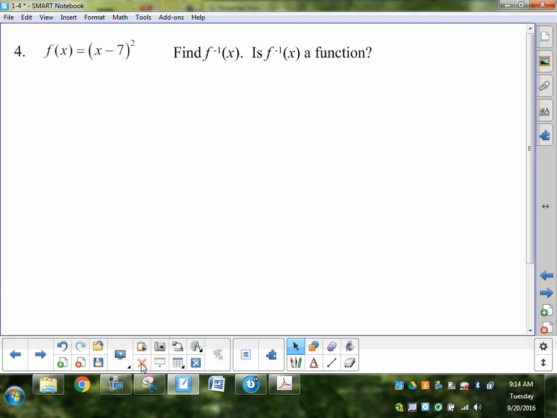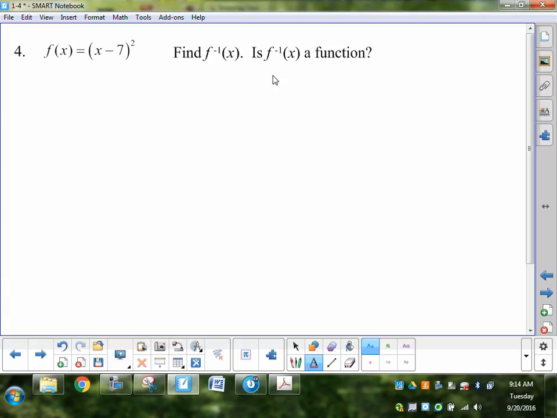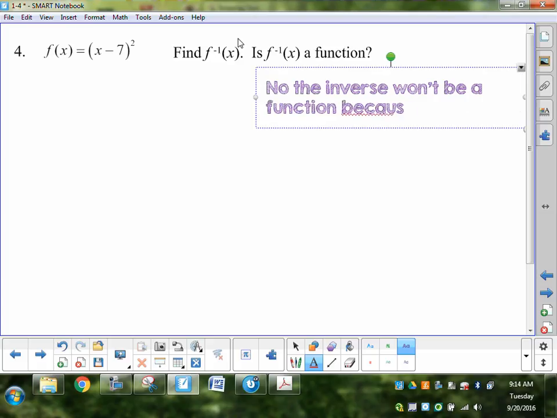Which type of graph is that going to be? So what would you say? Let's say no, the inverse won't be a function because the original, can you finish that out?